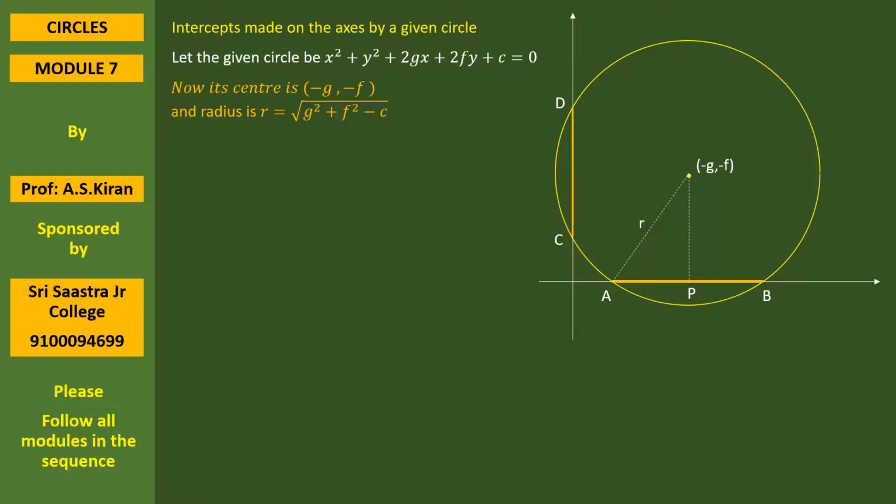Now it is a simple calculation. What is the length of AB? Twice of AP. What is AP? That is the base of the right angled triangle, with vertex A, the point P, and the center. Now, AB is equal to twice of AP.